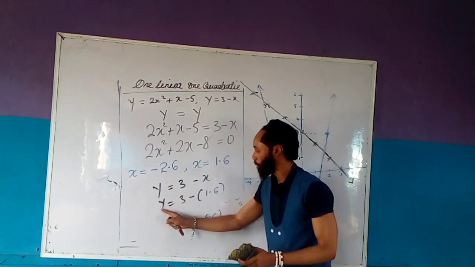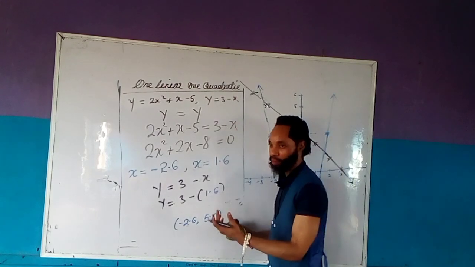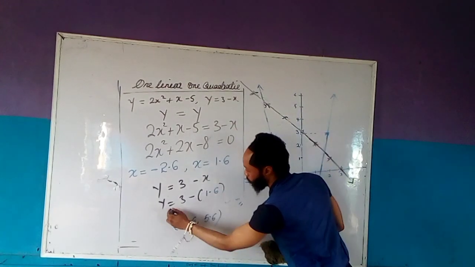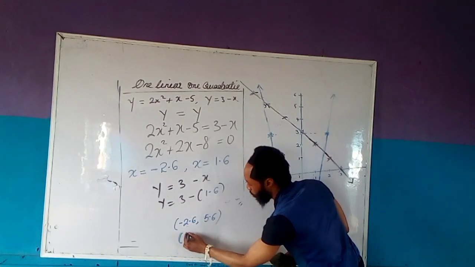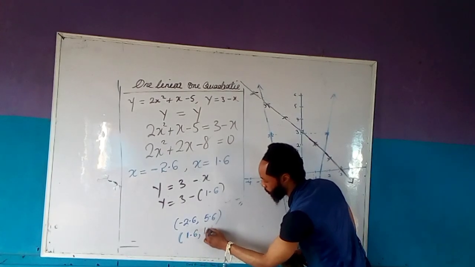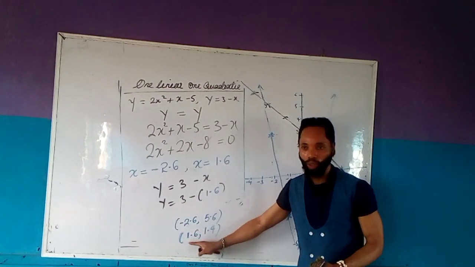So we're going to have y equals 3 minus 1.6. 3 minus 1.6 is what? 1.4. So we can write it here: when x is 1.6, y is 1.4. Now, these two values we have here are our solution.